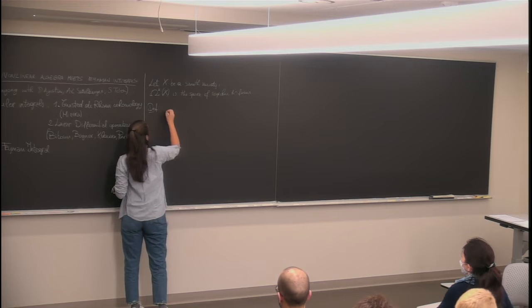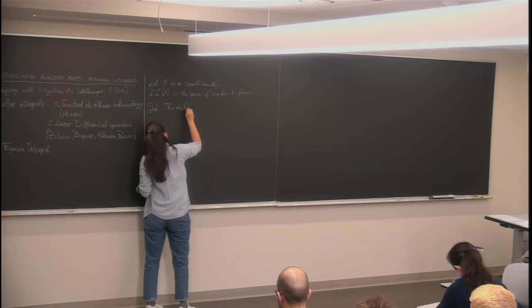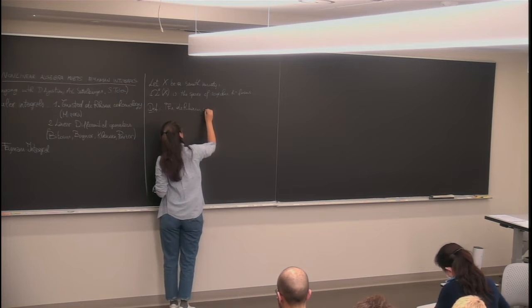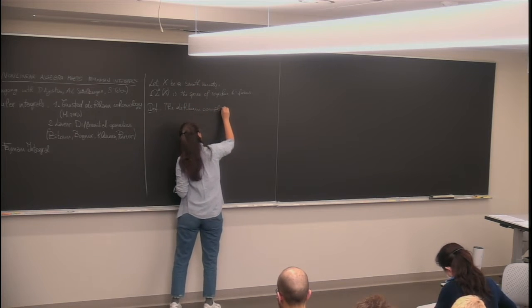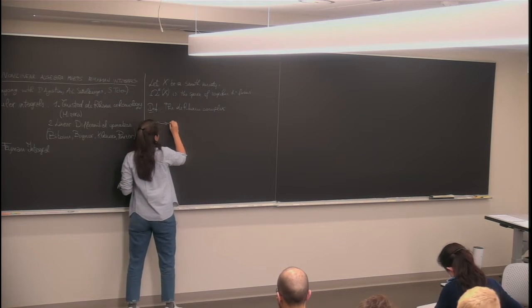So the de Rham complex is a sequence of maps which is defined in this way.